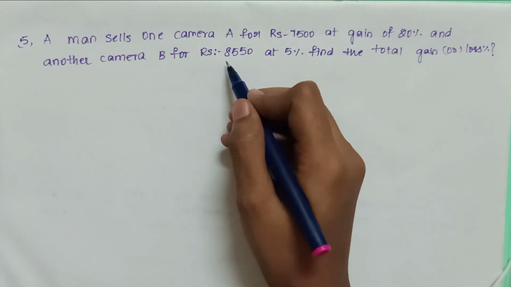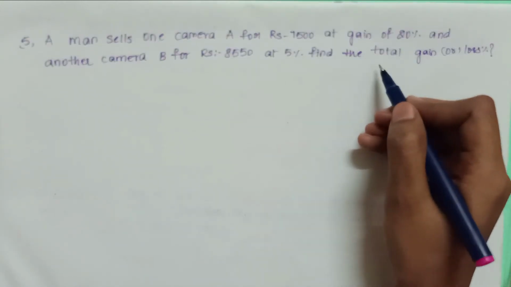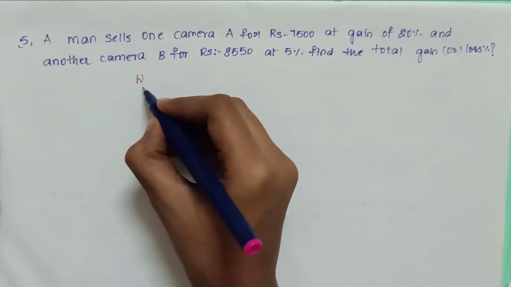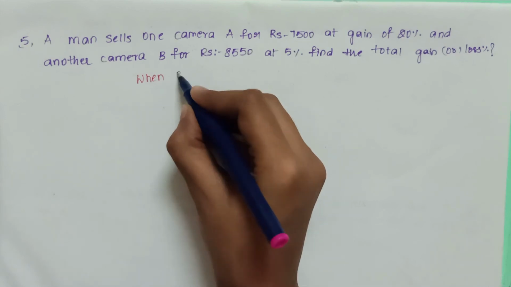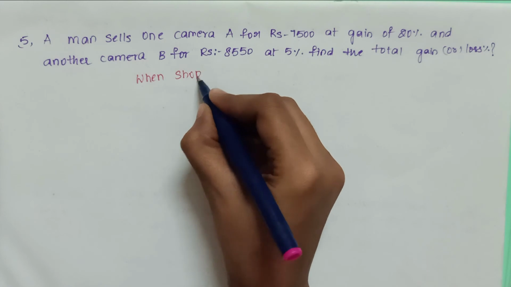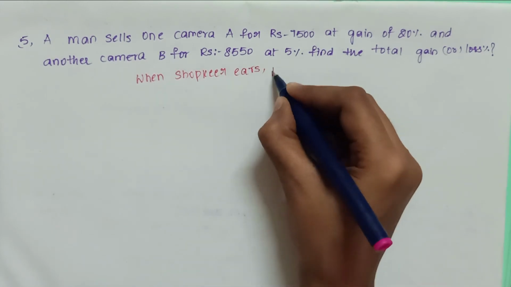B for rupees 8,550 at 5%. Find the total gain and loss. Now we should use this formula when the shopkeeper, that means seller, earns profit.